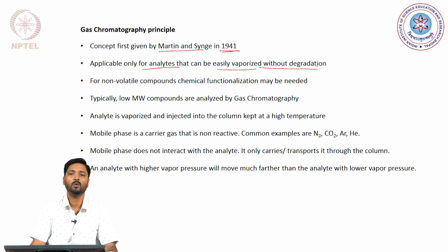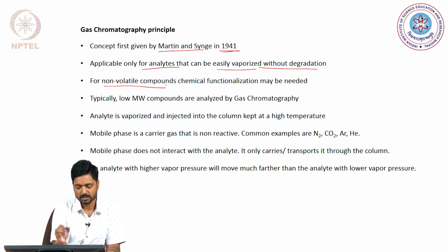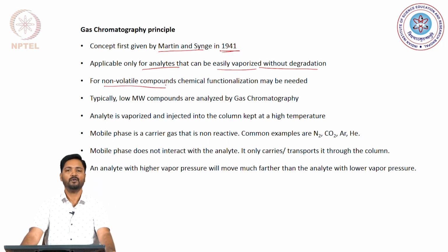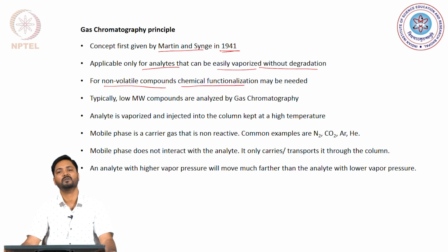For non-volatile compounds, and we will see a very interesting example of this subsequently in this lecture, we need to undertake some sort of chemical functionalization or derivatization, so that the final product of this derivatization has a higher vapor pressure or is easy to vaporize.